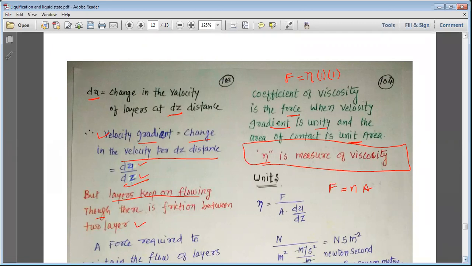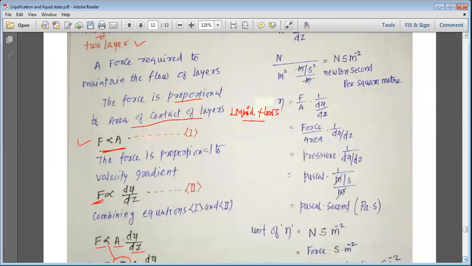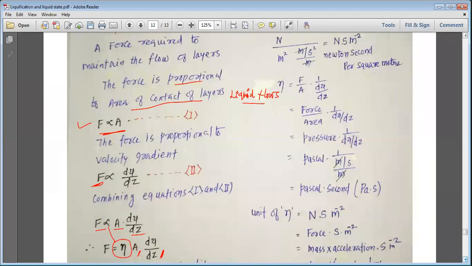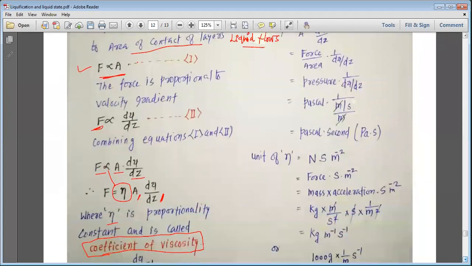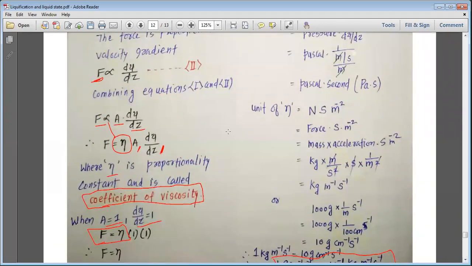And this is how the force that opposes the flow of liquid, if we write it F, depends upon two factors, the area as well as the velocity gradient. Thus the force is equal to a proportionality constant into area into du by dz.